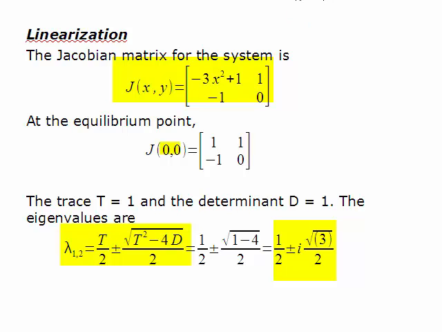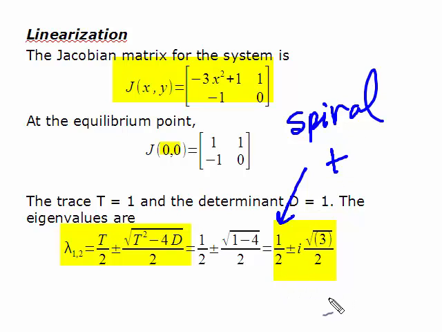This is a spiral source. It's spiral because it has a non-zero real part for a complex eigenvalue, and because the real part's positive, it is a spiral source. So this is how the solutions, both in the linear and nonlinear system, are behaving near the origin.